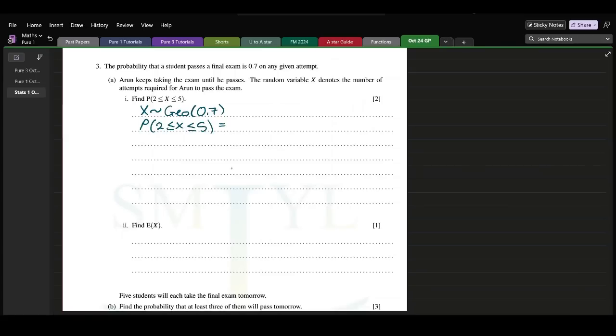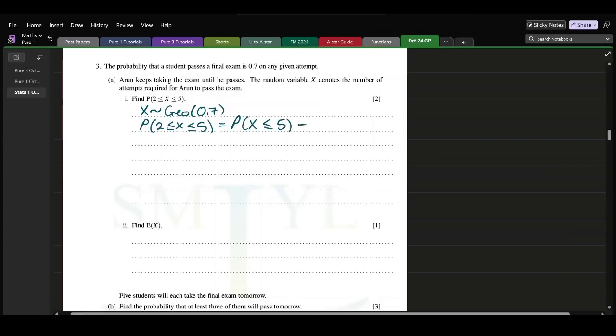So instead of evaluating x is 2, x is 3, x is 4, and x is 5, we can write this as the probability that x is less than or equal to 5 minus the probability that x is less than 2, which is the same as x is less than or equal to 1.